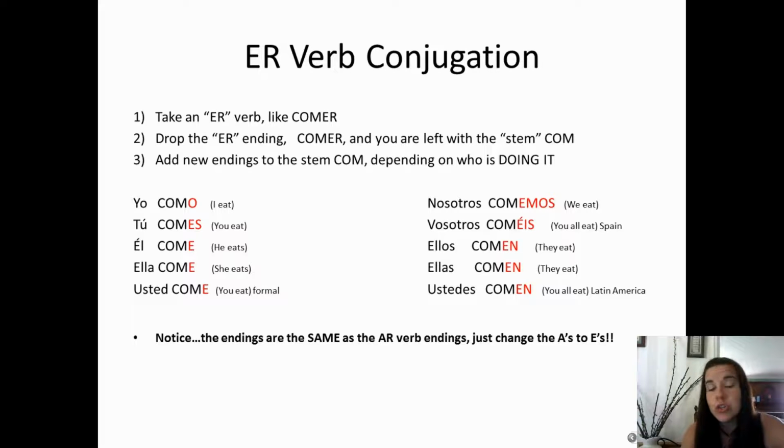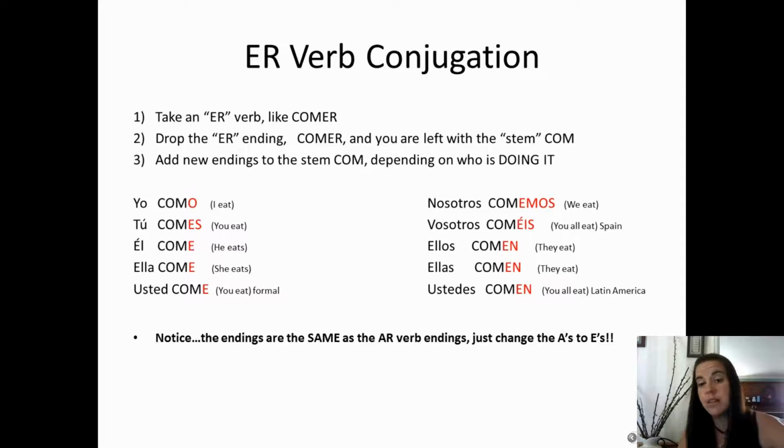For nosotros, you add emos. Nosotros comemos, we eat. For vosotros, you add éis. Vosotros coméis, you all eat when you're in Spain. For ellas, ellos, and ustedes, you add en. Ellos comen, they eat.